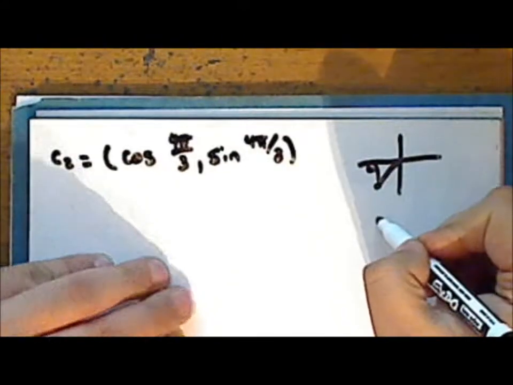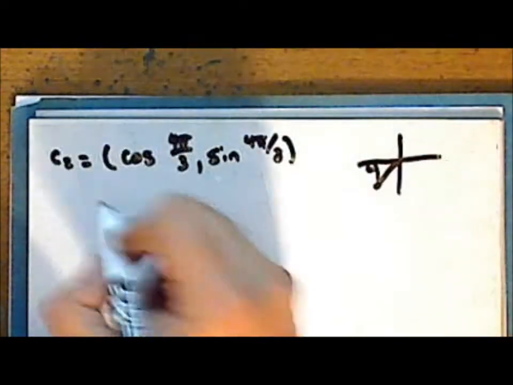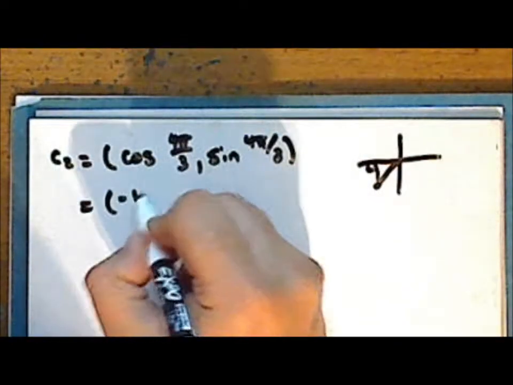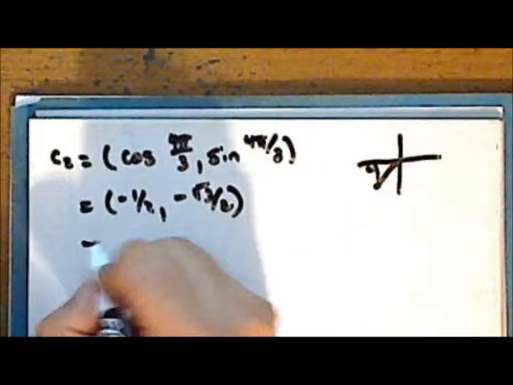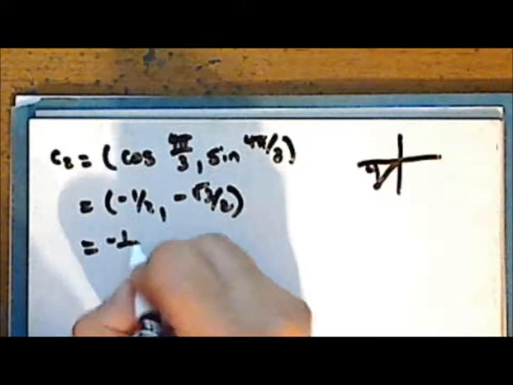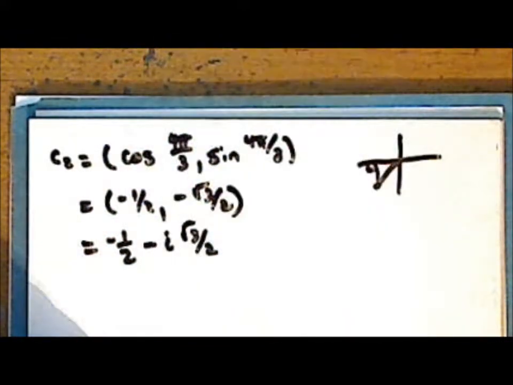And in the third quadrant, both the sine and cosine functions are negative. And so this is the ordered pair negative 1/2, negative square root of 3 over 2, or we can write this as the sum, negative 1/2 minus i times the square root of 3 over 2.